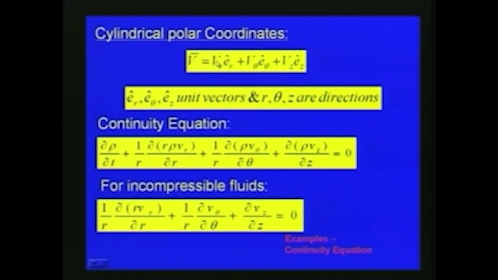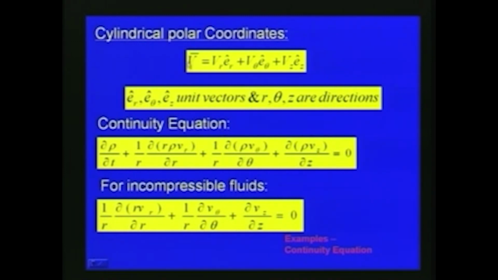The velocity can be written as v bar is equal to vr unit vector er plus v theta unit vector e theta plus vz unit vector ez. Here er, e theta and ez are the unit vectors with respect to r, theta and z, which are the directions, where theta is the angle, r is the radial direction and z is the vertical direction.